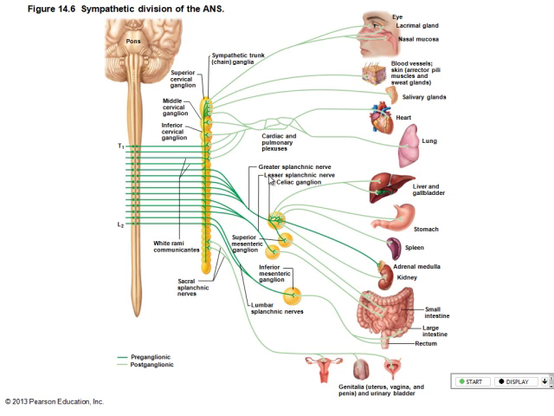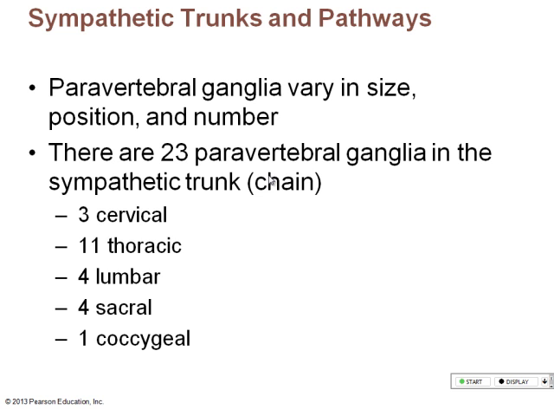On page 532, figure 14.6, we see some of the different organs innervated by this group in the parasympathetic division. Sympathetic trunks and pathways. Sympathetic is what? That's the speed up. It's the speed up guy.